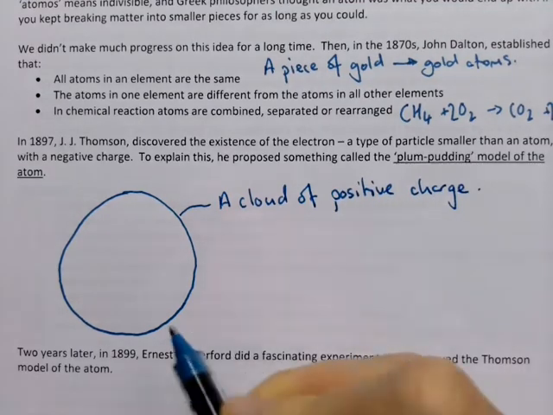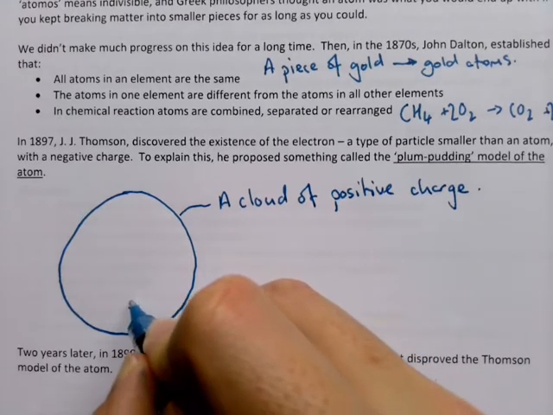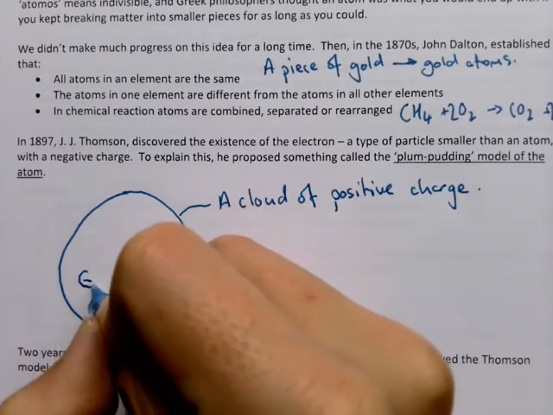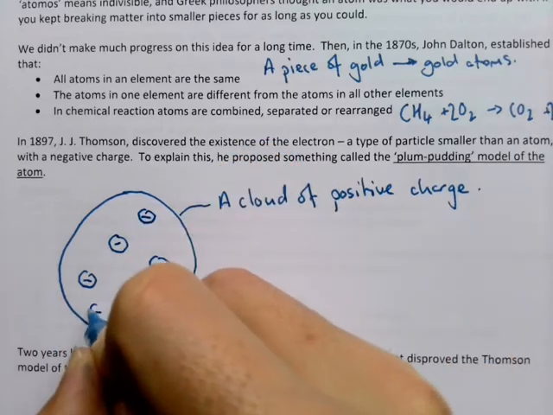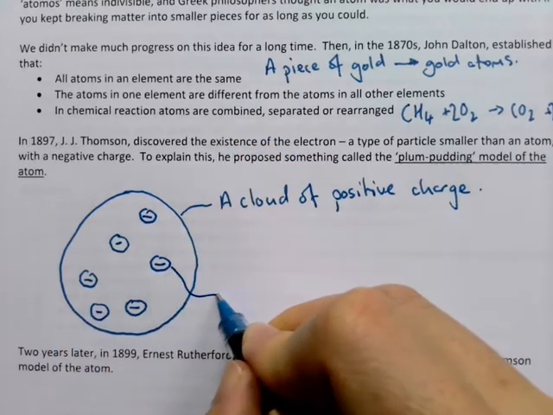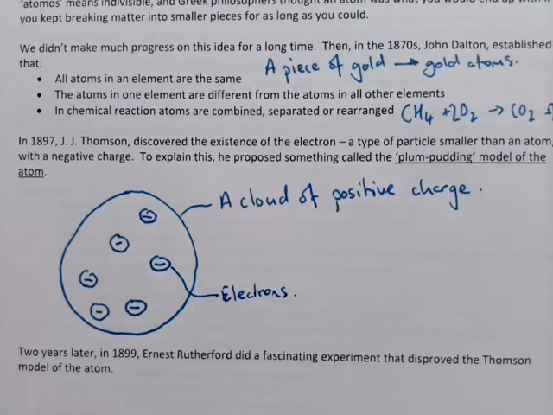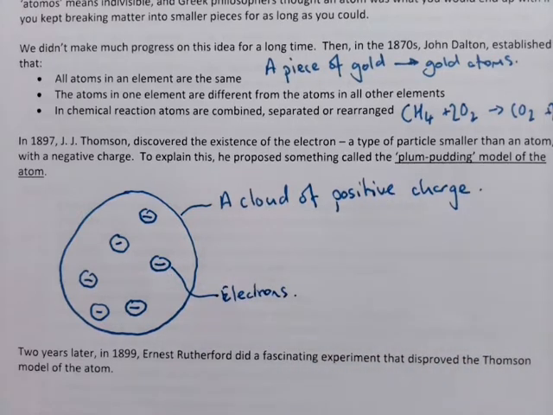And just like the bits of fruit in a plum pudding, you had bits of negative charge stuck into the cloud of positive charge. These were the electrons. So the plum pudding model of the atom is electrons in a cloud of positive charge.